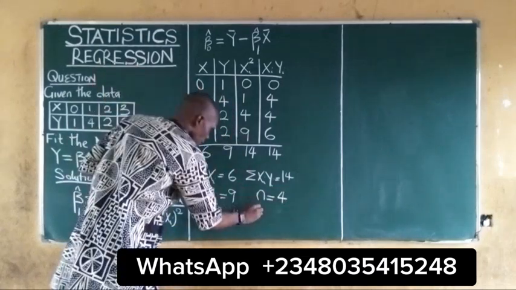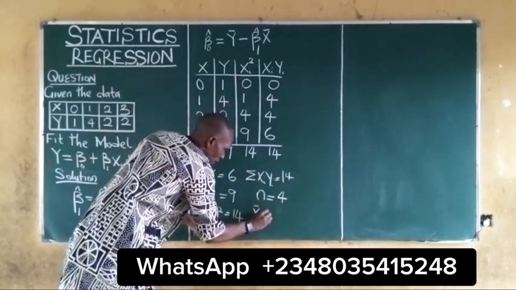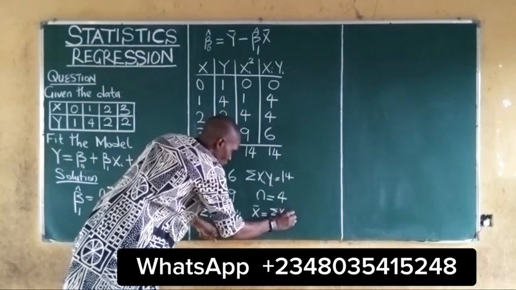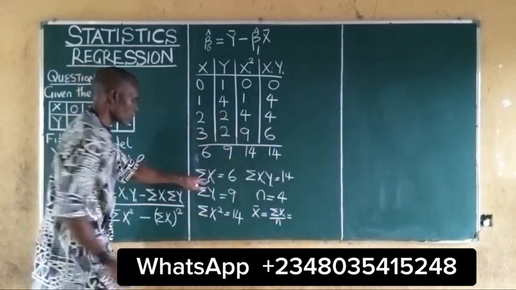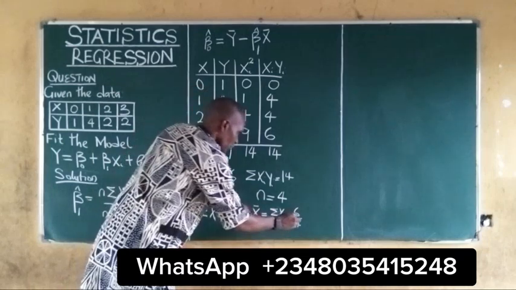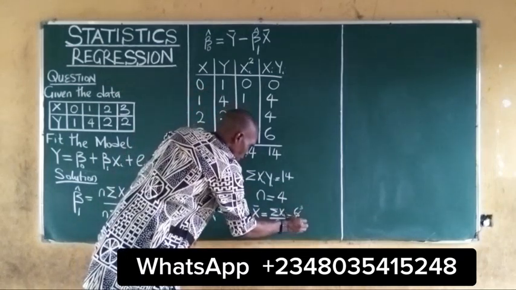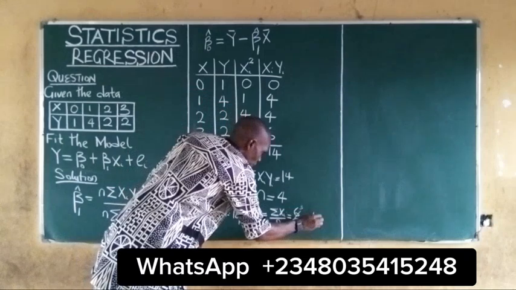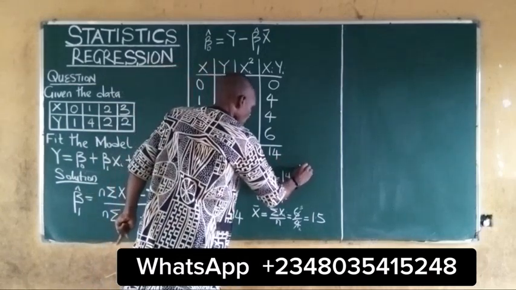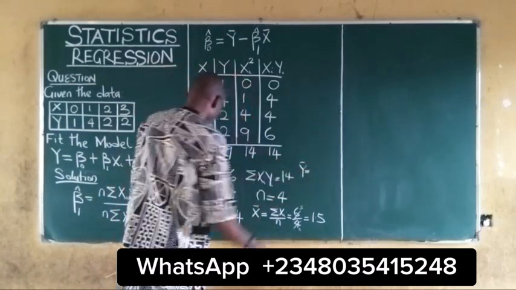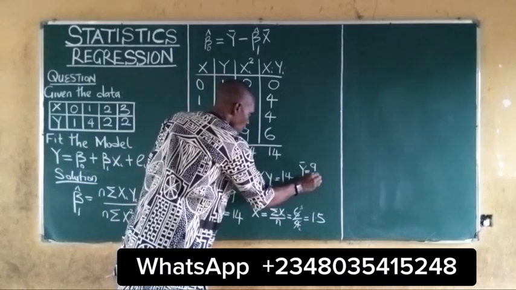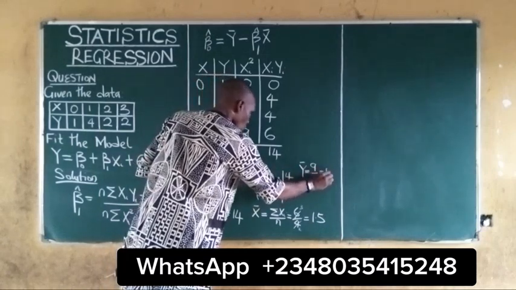We also have x bar, which is summation of xi all over n, equal to 6 all over 4, which is 3 over 2, which is 1.5. And we have our y bar to be 9 all over 4, which is 2.25.